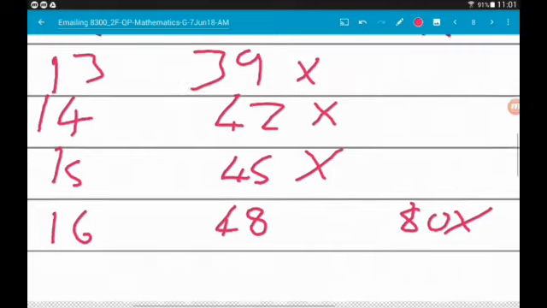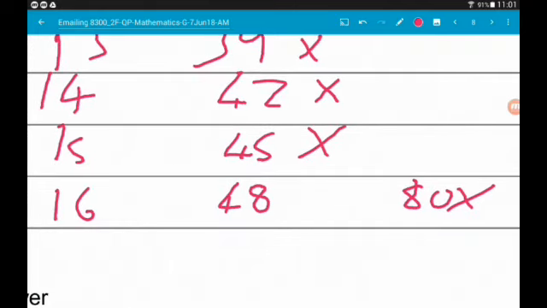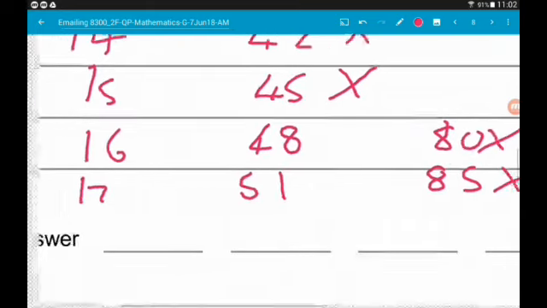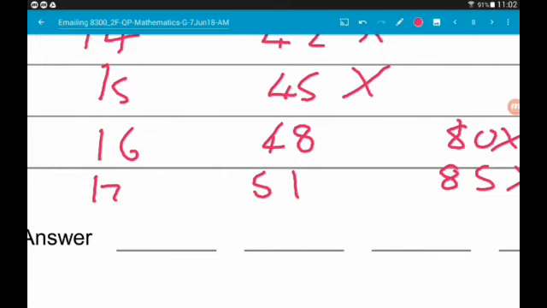So, nope. 17. 3 times 17 is 51. 5 times 17 is 85. 5 is repeated, so no. 18, maybe.